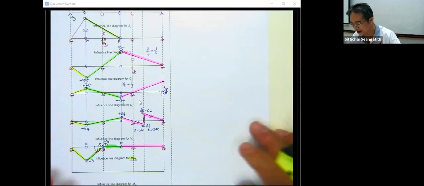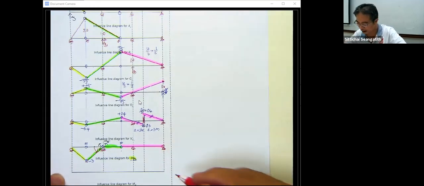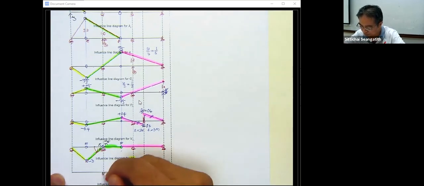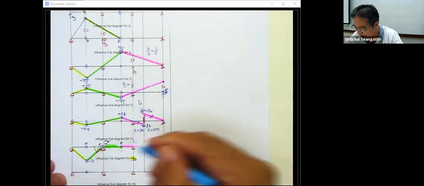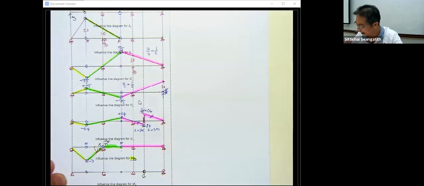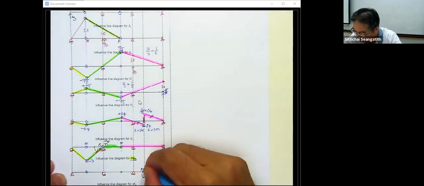Okay, it's going to be a little bit tougher. For the influence line of M sub G, again, G is here, and this is the same. The hinge is still here, and we need to release the resistance of the moment at G, and we apply the moment M sub G into it.